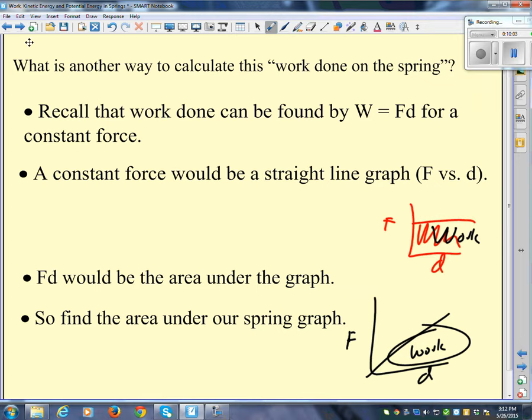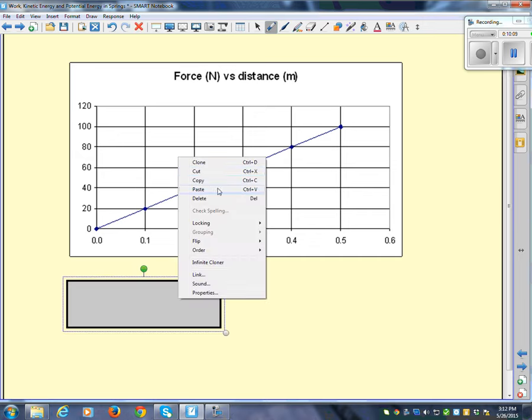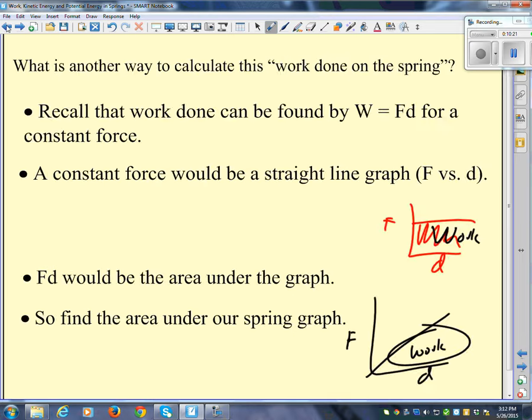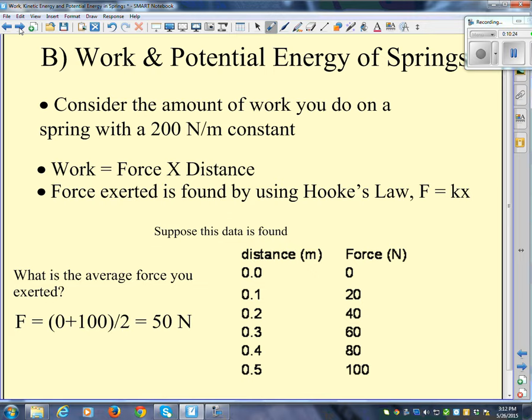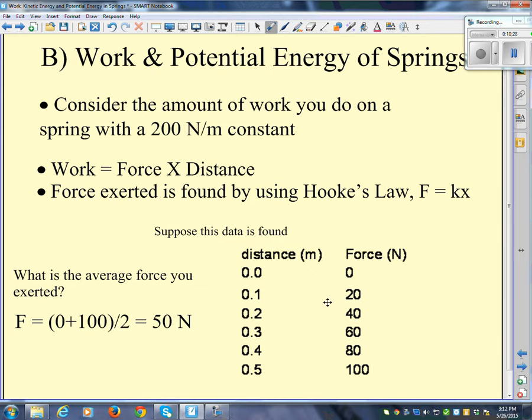So how much work is done here? One half the base, from 0 to 0.5, times the height, 100, gives 25 joules of work. The same number that I came up with when I did it this way. How did I do it this way? I found the average force, and I multiplied by the distance. I got 25 joules of work.